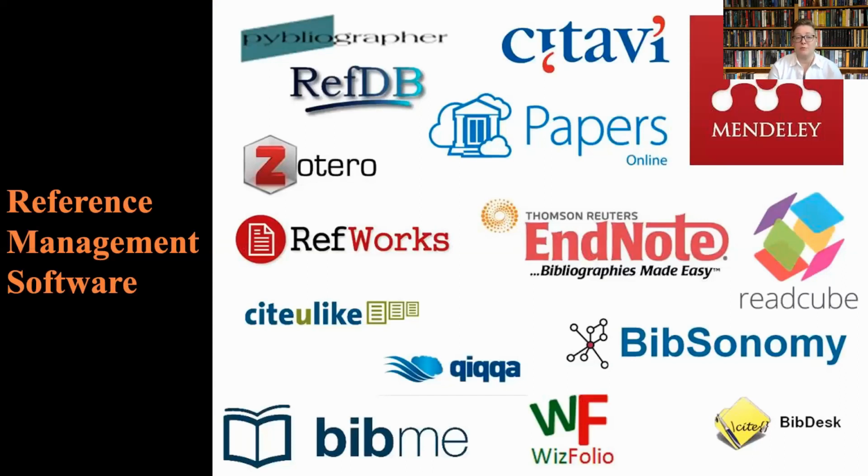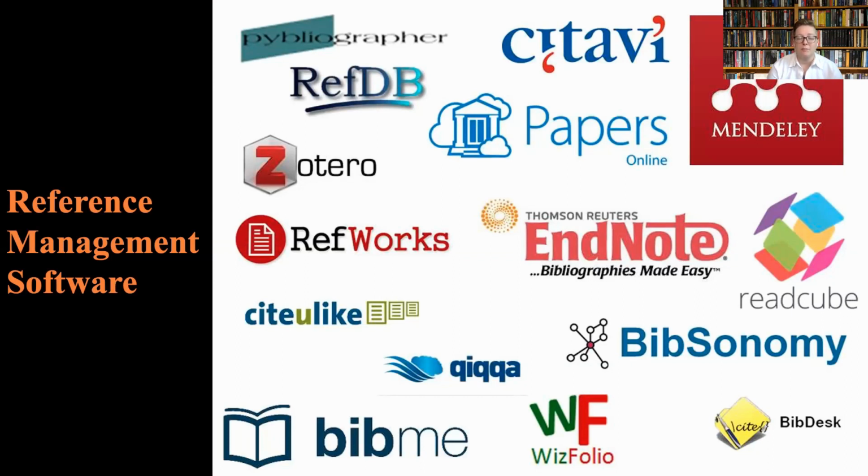But we're going to actually use most of the time to go over a particular one, and so I can show you how powerful it can be and how you can use it in your own research. So this is a grouping of all of the reference management software out there that's at least the most popular kinds. There's more than this. But my particular favorite is Zotero, and I'll tell you why in just a second, but any one of these can work.